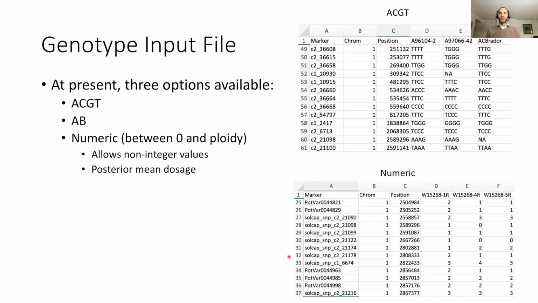So the genotype input file, the first three columns are your map: marker, chrom, position. And what you're seeing here is an example of a reference genome position. You can use a genetic map, but I think it doesn't allow decimal places.